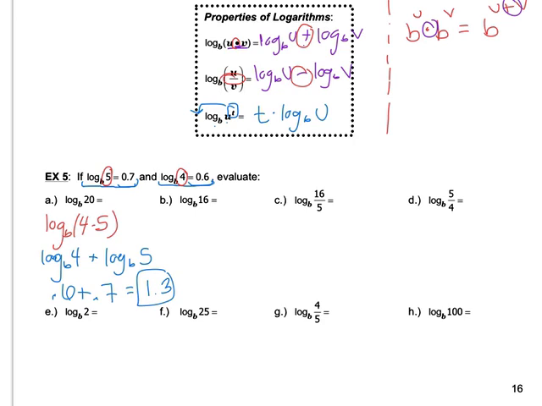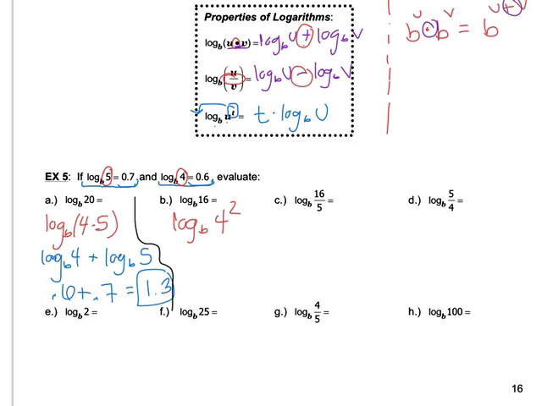All right, so on the next one, log base b of 16. Well, the only way I can get 16 from 4s and 5s is if I take 4 and multiply it by itself twice. So I could do 4 times 4, or I can look at it as log base b of 4 squared.